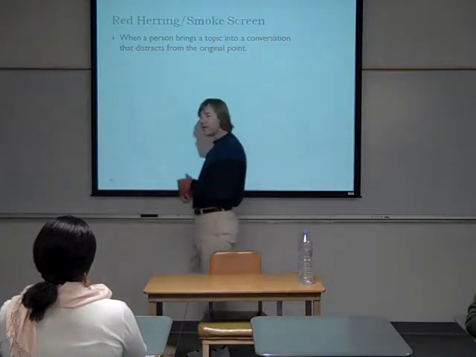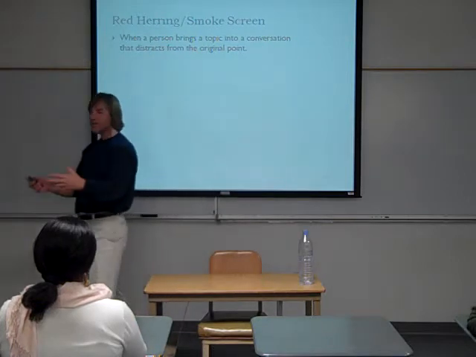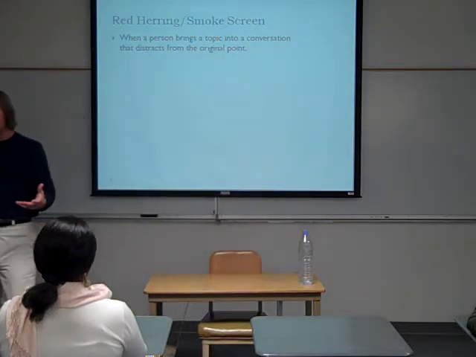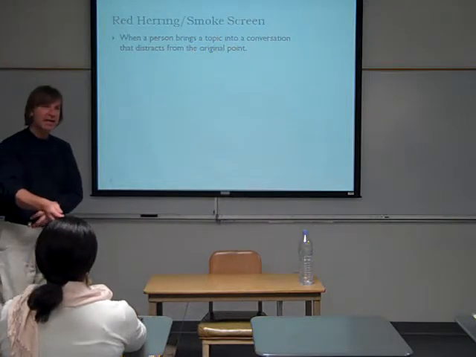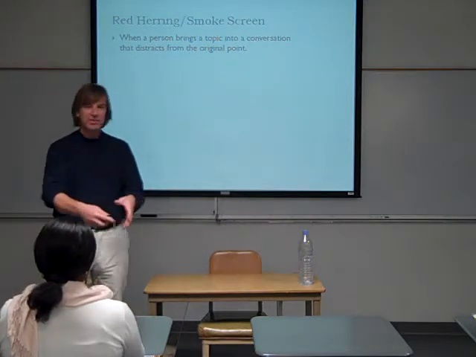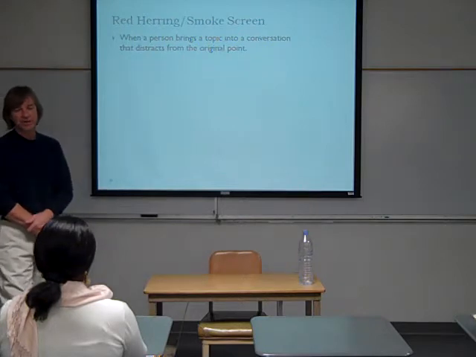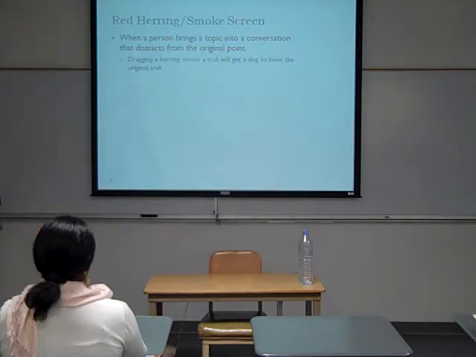And that's the whole idea, is that you bring this other issue and it distracts people from the real discussion. Maybe you have a weakness in the discussion of this issue. So you're going to bring this red herring in to get people off topic, to try to cover a weakness on your part. They do that all the time in trials.